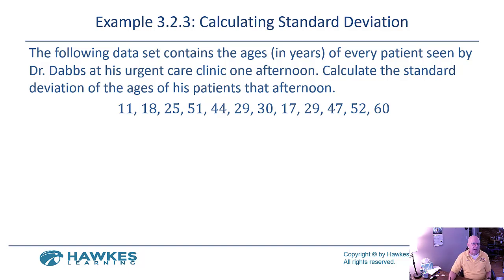Next, here's a data set. Take this data, put it in L1 or wherever you like, and find one variable stats, telling the calculator, make sure you look at list 1, and since we've got every patient, that means we're looking for sigma of x, because we're talking about the population, every patient, not a sample of the patients.